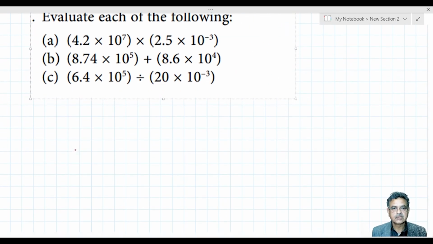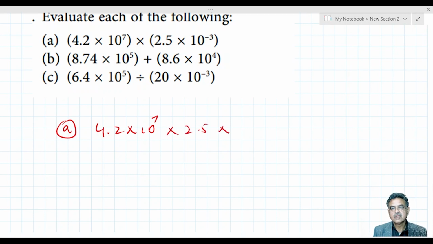Evaluate each of the following. Part A, 4.2 into 10 to the power 7 multiplied by 2.5, 10 to the power minus 3. Multiplying these two, 25 multiplied by 42.